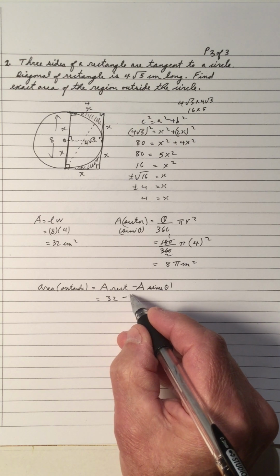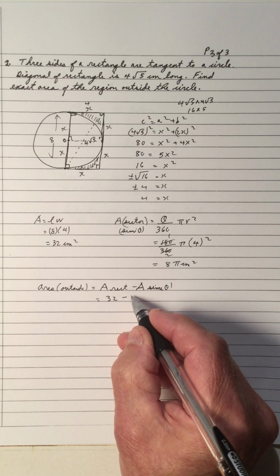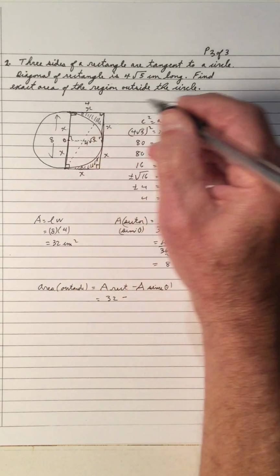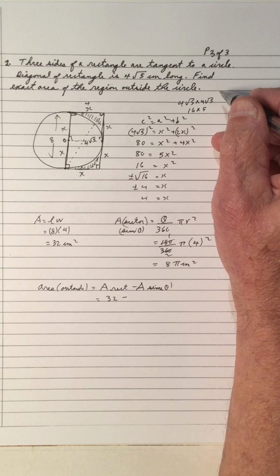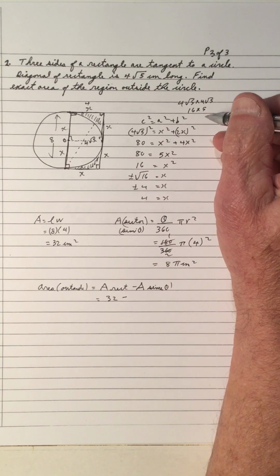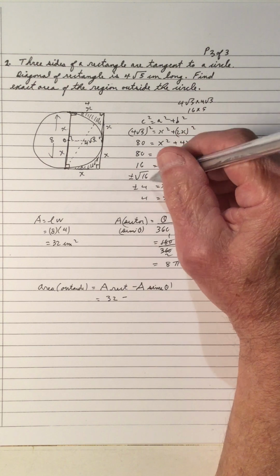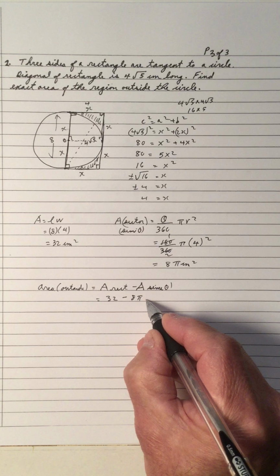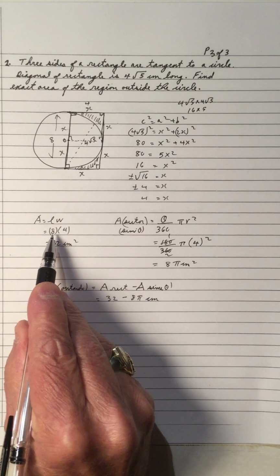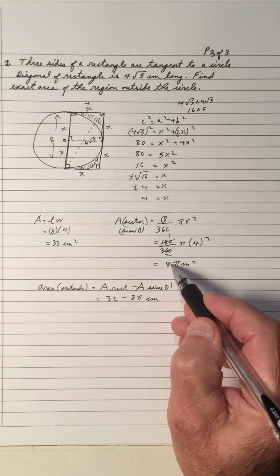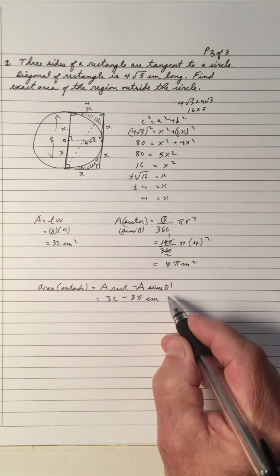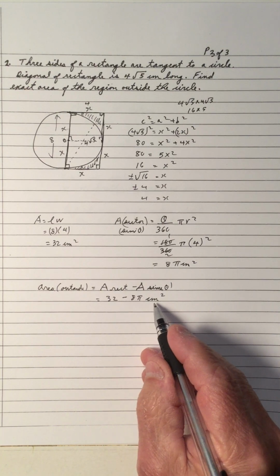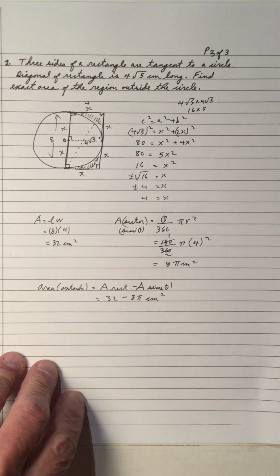And did I say 8? Yep, that's a 4 and a 4. So it's 32 minus 8 pi centimeters. So it's the rectangle minus the semicircle, and that's square centimeters. So 32 minus 8 pi centimeters squared is the area outside.